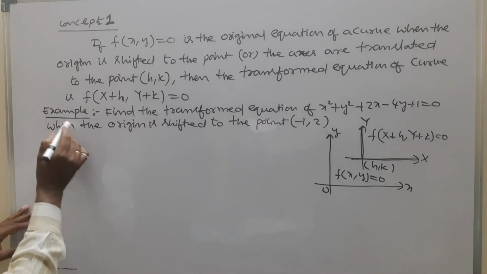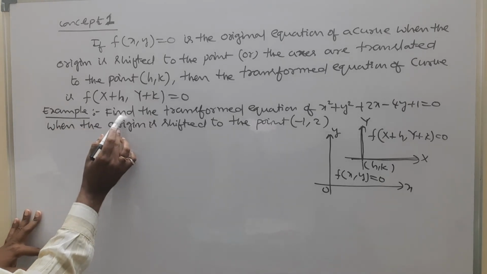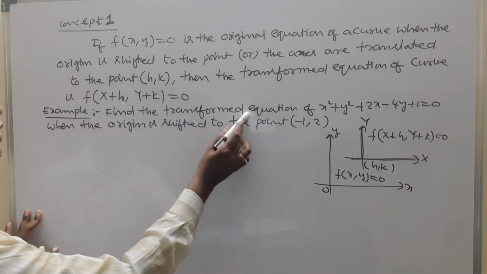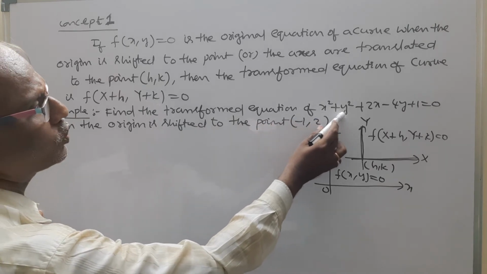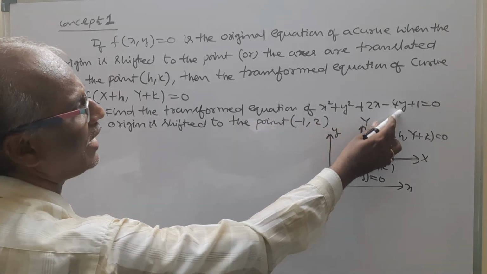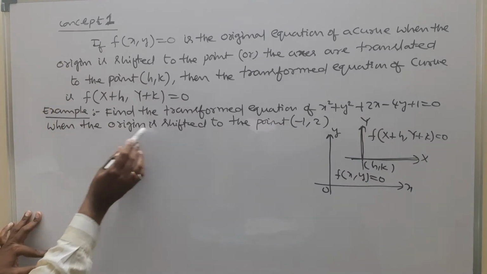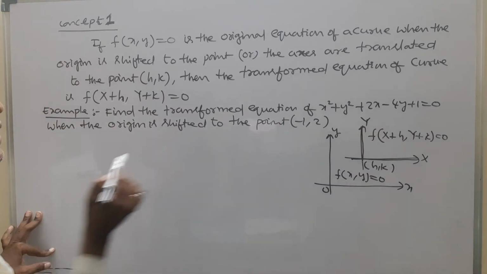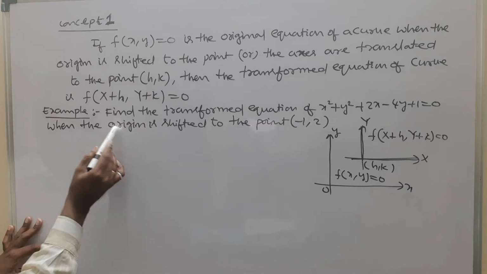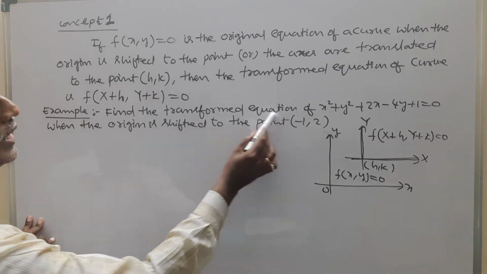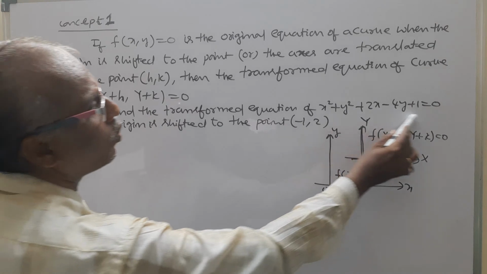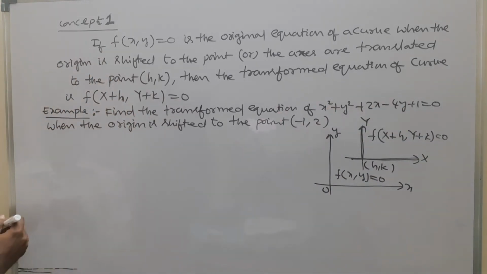Here is one example problem. Find the transformed equation of x² + y² + 2x - 4y + 1 = 0 when the origin is shifted to the point (-1, 2). In this question, to find the transformed equation, this is the original equation of the curve.